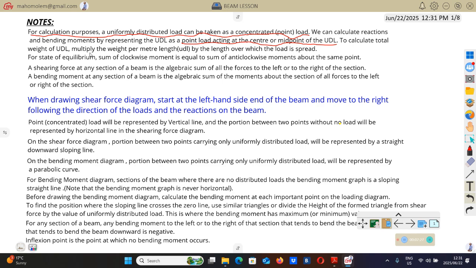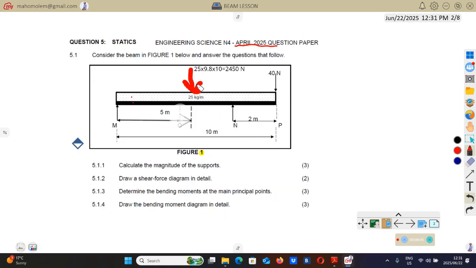What I did there follows this statement here: to calculate the total weight of the UDL, multiply the weight per meter length by the length over which the load is spread. So I applied this statement to convert the UDL to a point load. I multiplied the weight per meter length by the total length over which the UDL is spread.